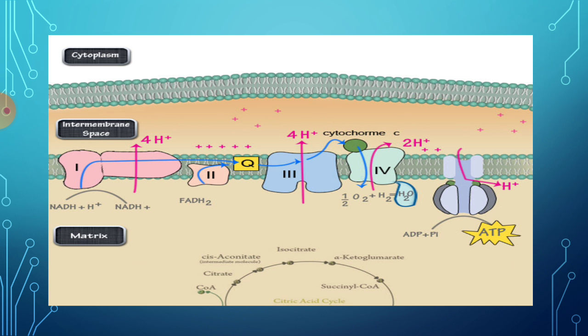To overcome the proton gradient between these two spaces, again the protons come back to the matrix through the ATP synthase enzyme. So it was explained by Peter Mitchell. Hence it is also called Peter Mitchell chemiosmotic theory.